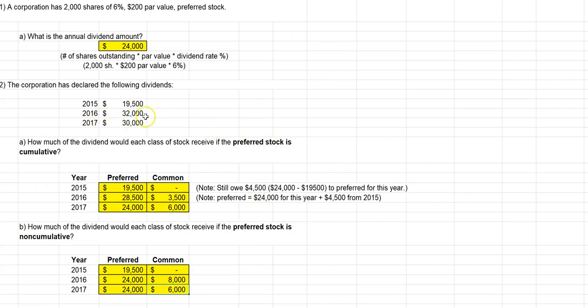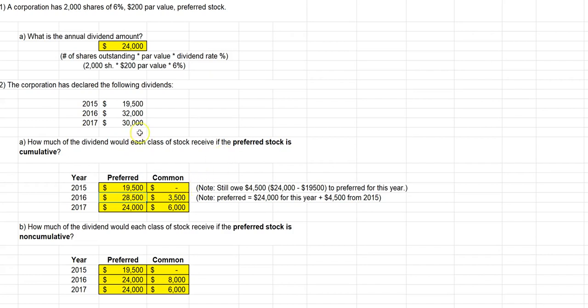Then notice in 2016, they declared $32,000. Again, the preferred stockholders will get paid first. They'll get the whole $24,000 for 2016, plus the $4,500 that we owed them for 2015. So that's where this 28.5 is coming from. It's the 24,000 for 2016, plus the 4,500 we owed them still from 2015. And then the common shareholders will get everything that's left.